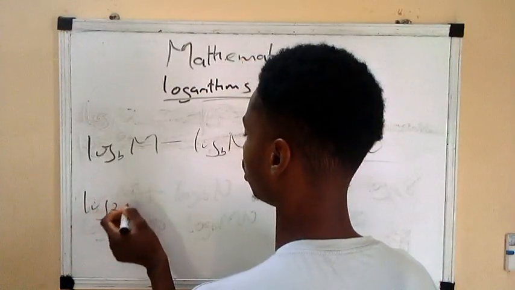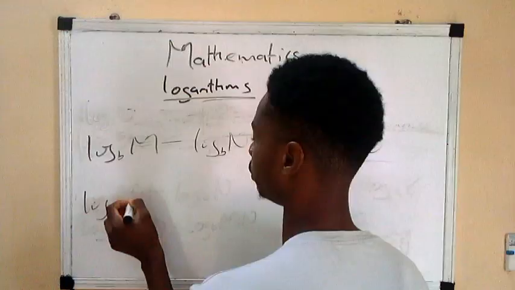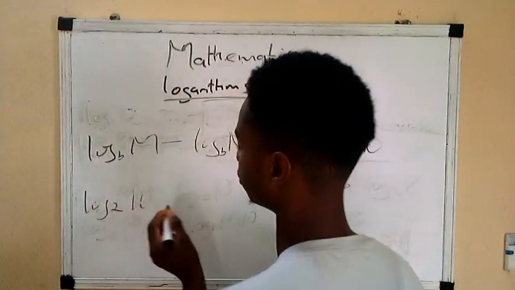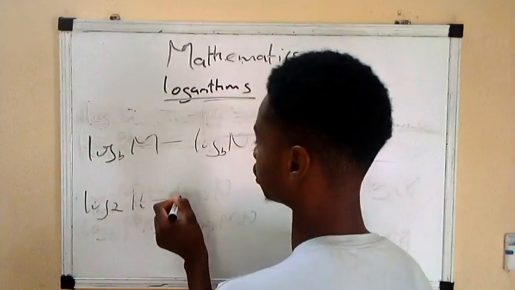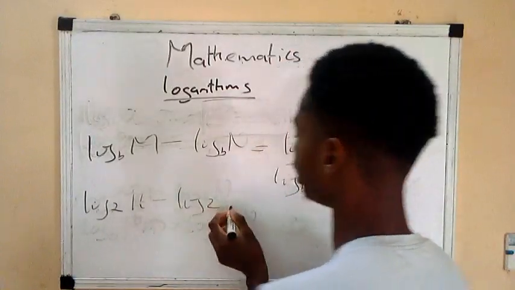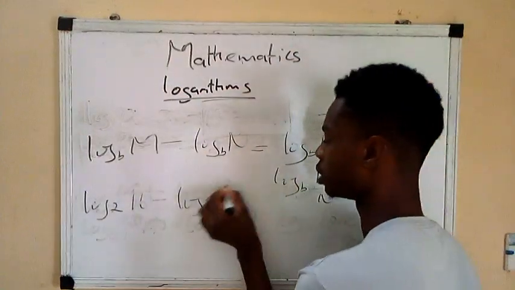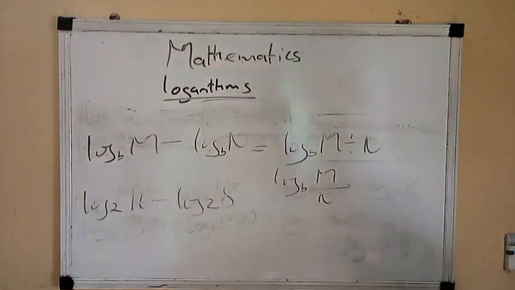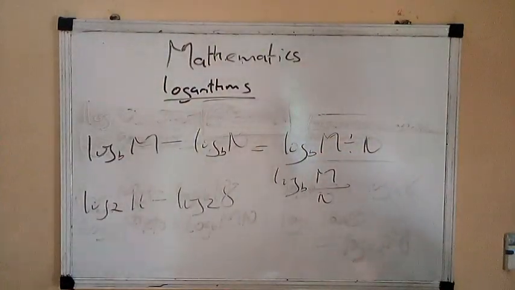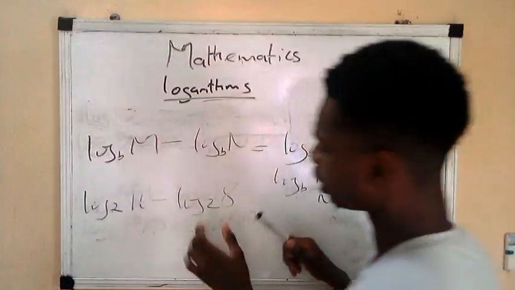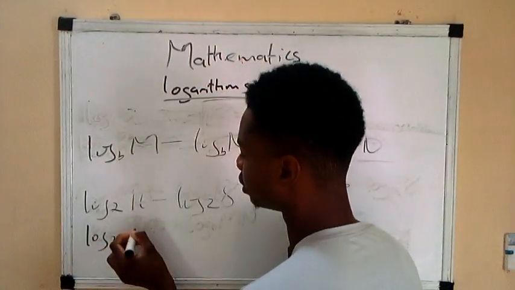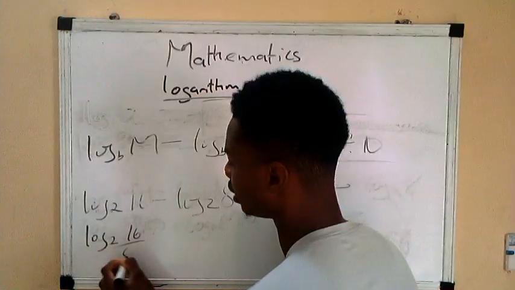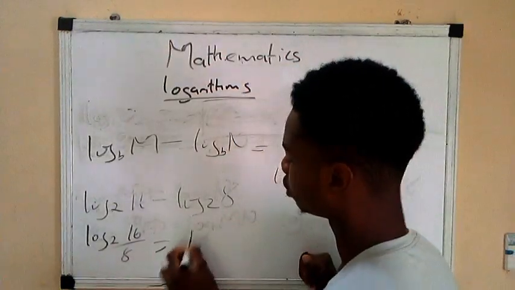Alright, let us now say we have log 16 base 2 minus log 8 base 2. Now what we do here is you take one base 2, we have 16 over 8, which is equal to what?